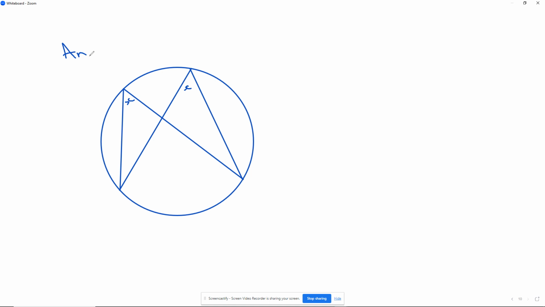All right, so you can call this angles in the same segment. As well as these two being equal on the other end. We call it y. I could apply this a few times. I could do this way as well, and that angle will also be x.